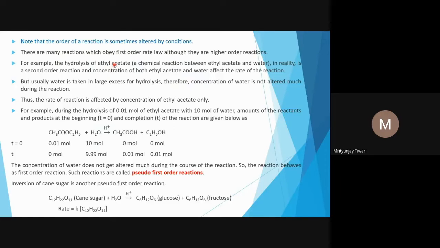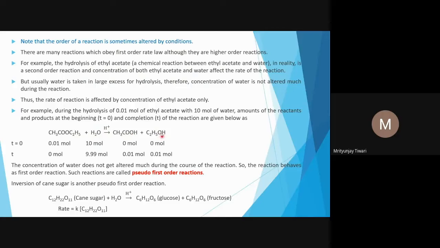The classical example for this is the hydrolysis of ethyl acetate. If you hydrolyze ethyl acetate in the acidic or basic medium, here we see that for the hydrolysis we need to have water molecules. So water molecules get consumed here, and the formation of acetic acid plus ethanol happens.